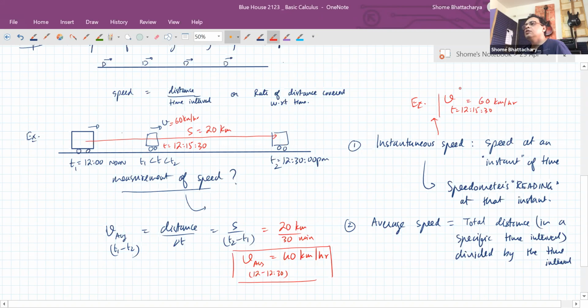Okay. So now you can see that we have got a very good idea of how we would measure this average speed. Because we can always measure the total distance from where we started to where we ended up, from t1 to t2. Or even if we don't want to measure it separately like that, we have a device in our vehicle which is called the odometer, right?